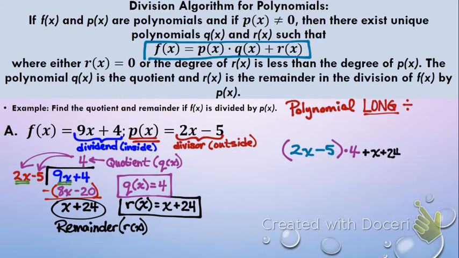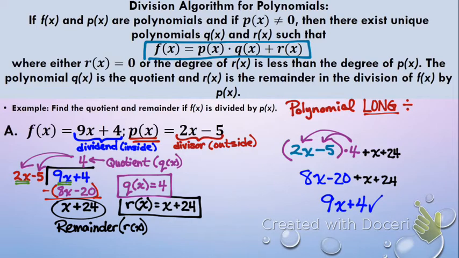I should end up with my original function f of x. Does that work? Yep, I would get 8x minus 20 plus x plus 24. When I combine my like terms together, 9x plus 4. And so now I know I did it correctly.